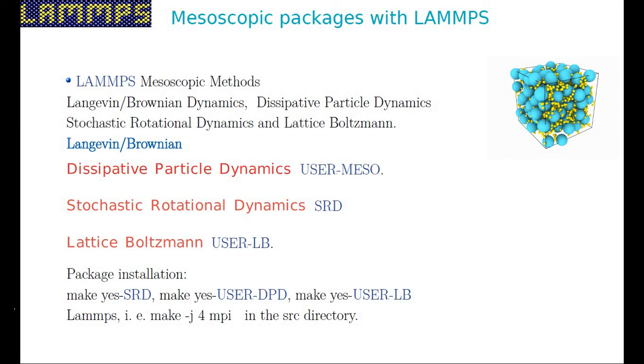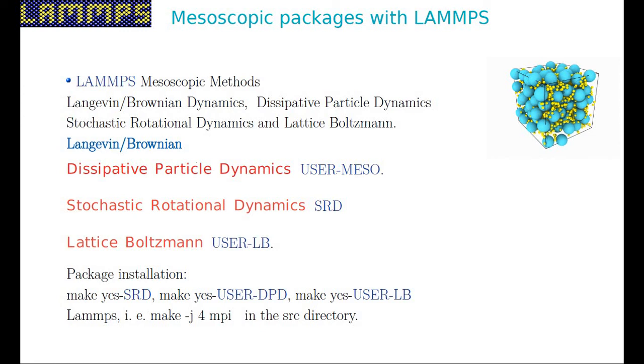Right. So there are mesoscopic packages in LAMMPS. So LAMMPS provides mesoscopic methods such as Langevin, Brownian dynamics, dissipative particle dynamics, and stochastic rotational dynamics. It also provides the lattice-Boltzmann method. The Langevin and Brownian dynamics are implemented directly by compiling all the main packages.